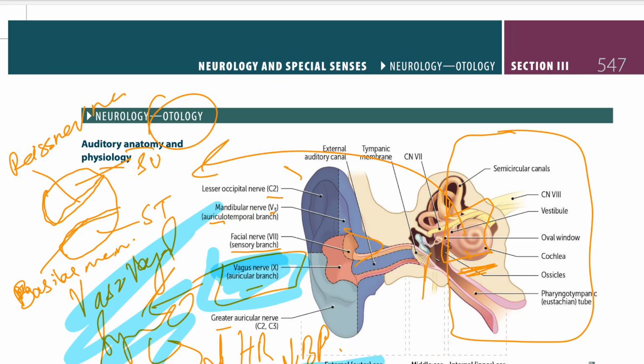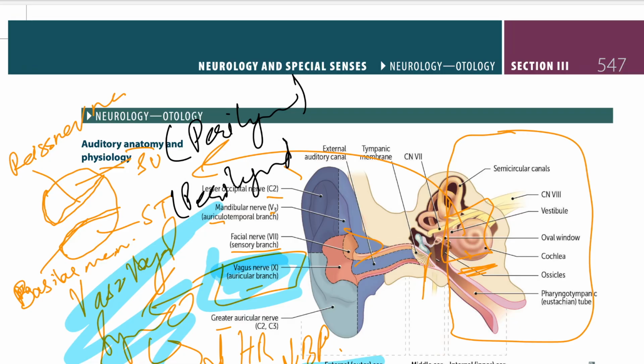Now, the scala vestibuli is going to contain some fluid known as perilymph. The scala tympani is also going to contain some fluid, also known as perilymph. So they both have the same fluid.